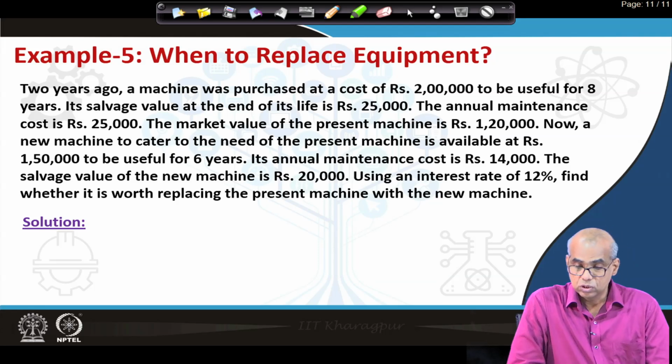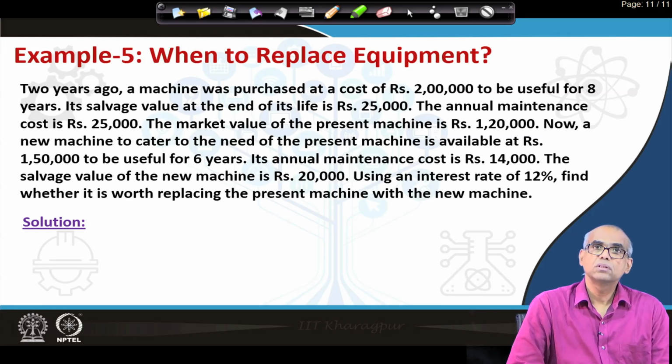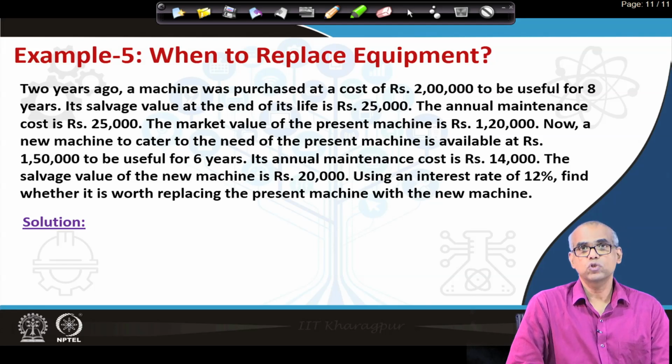Now, to solve this problem, we will find out the equivalent uniform annual cost for both the machines, and depending on the magnitude of the equivalent uniform annual cost, we will be able to decide whether the existing machine can continue or it has to be replaced by the proposed new machine.